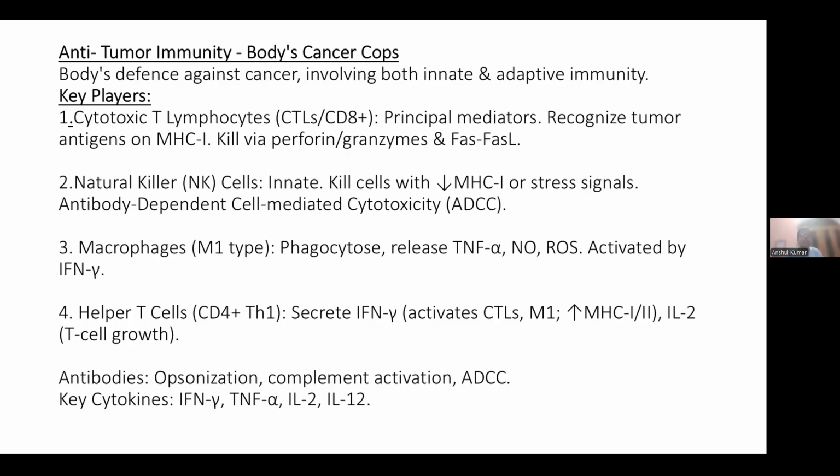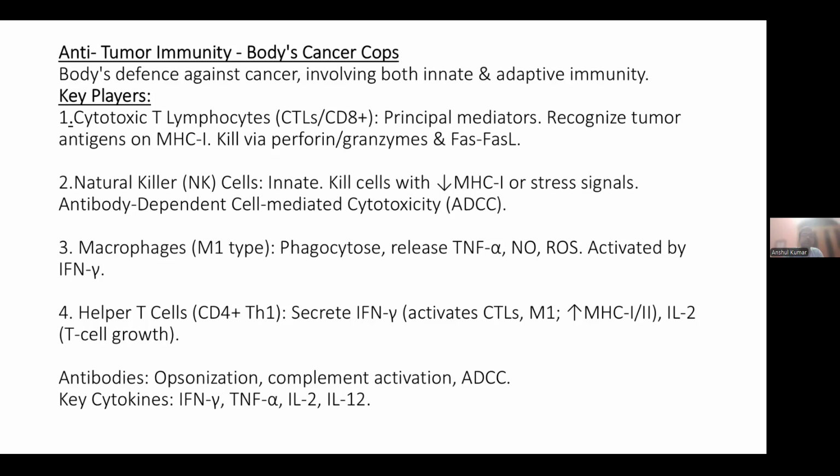Macrophages are divided into M1 type and M2 type. If we look at oncogenesis, M2 type cells are mostly creating the tumor microenvironment. They are anti-inflammatory, which means slowly it helps in the progression of the tumor cells.